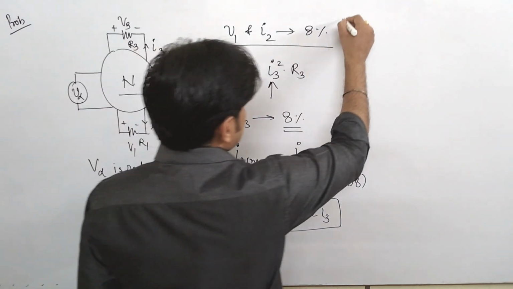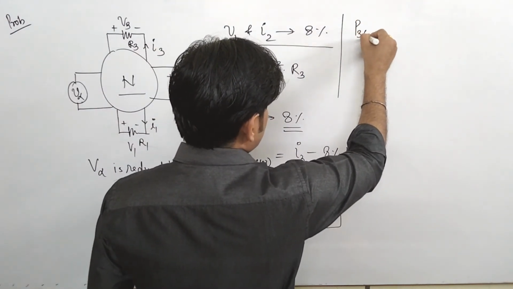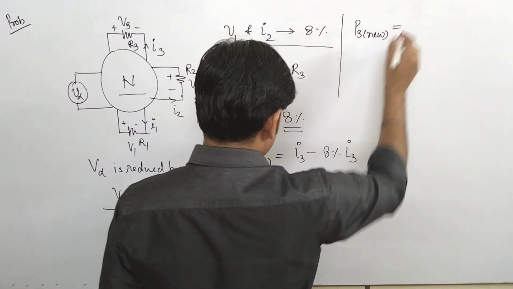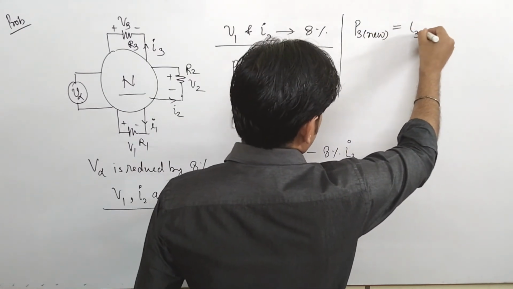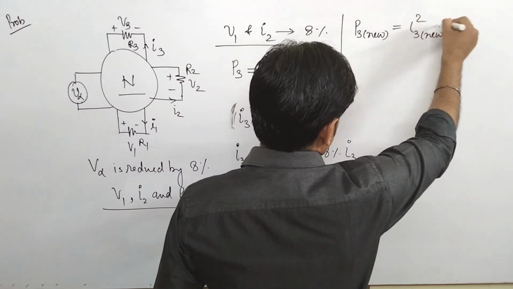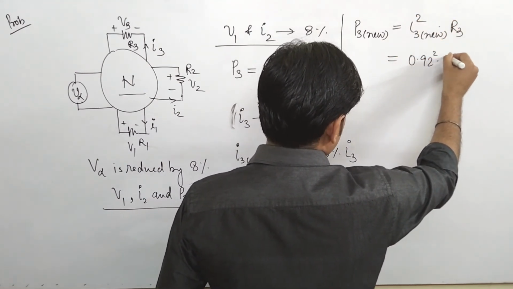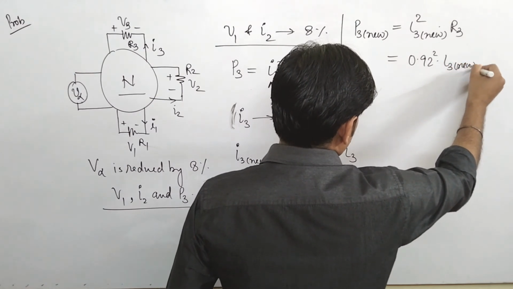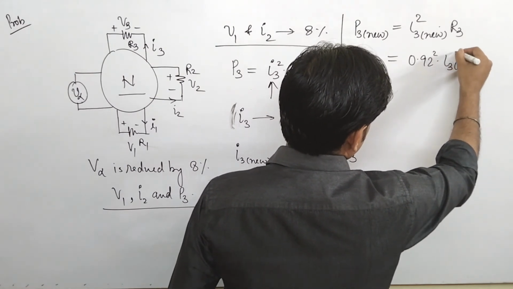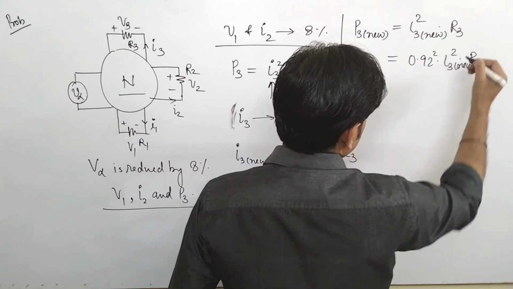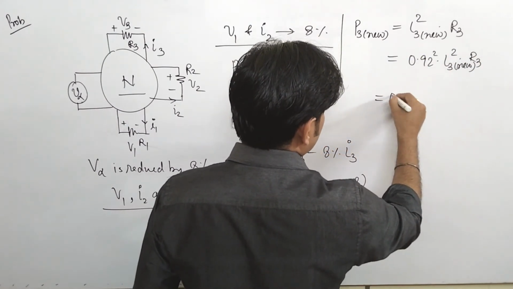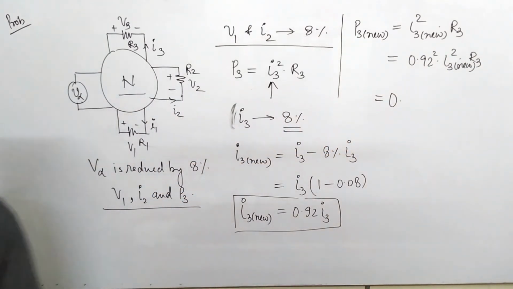Now similarly you can find the new power. P3 new is this current, I3 new square, into R3. That comes to be 0.92 square into I3 square into R3. What is the square of 0.92?